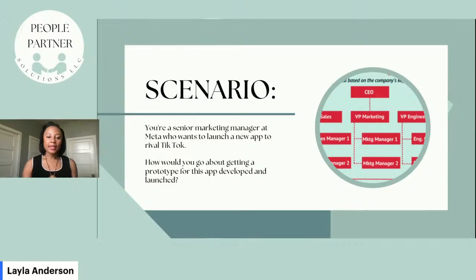Yeah, exactly. Thank you so much for putting that in the chat. I would have to get approval from the VP, and then most likely they would need to pitch to the CEO and report back whether or not it was approved for me to even work on this idea. That's exactly it. And depending on your work style, that could be frustrating or empowering.